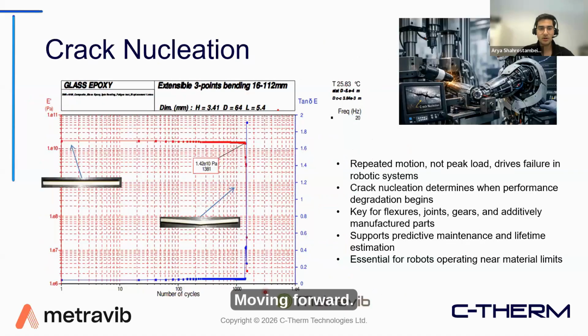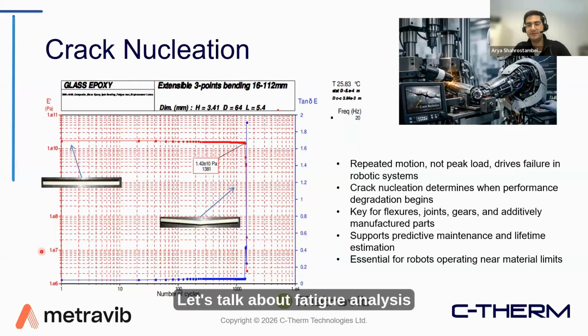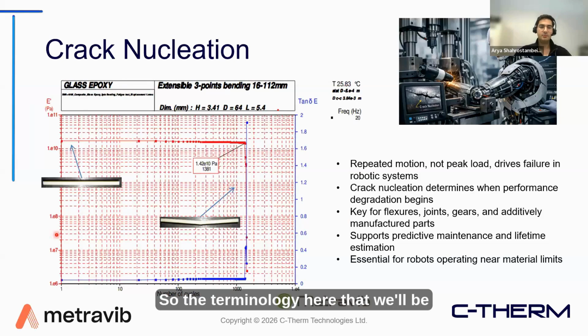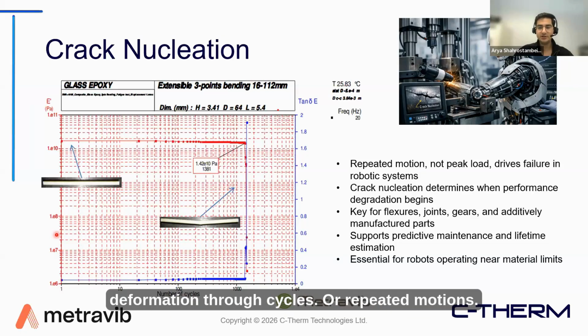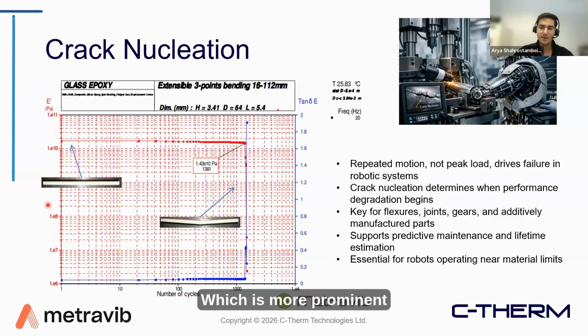Moving forward, let's talk about fatigue analysis and failure analysis a little bit here. The terminology we'll be using is crack nucleation. Once you apply deformation through cycles or repeated motions, which is more prominent in robotic systems, the deformation is not really a peak load, but a repetitive motion.